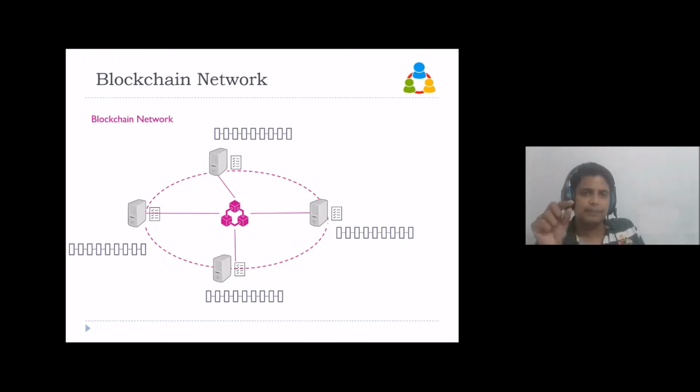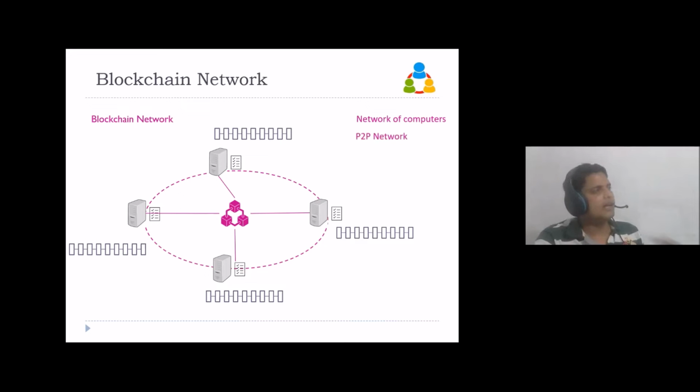Each block will have a certain set of data, and all the computers will have the same set of data. That is what a blockchain network is all about: a network of computers sharing the same set of data.